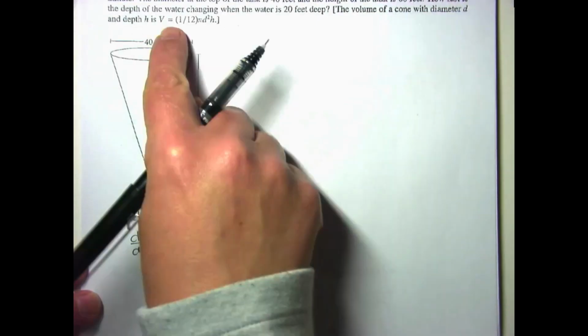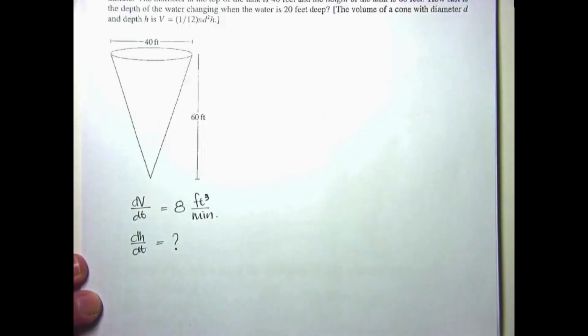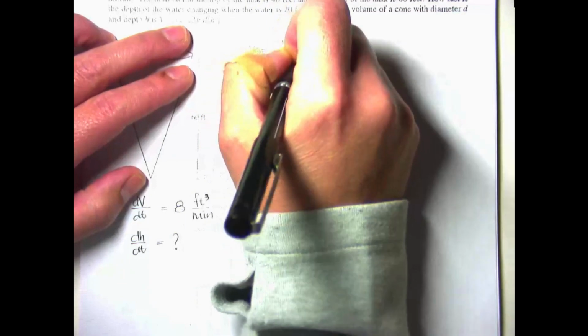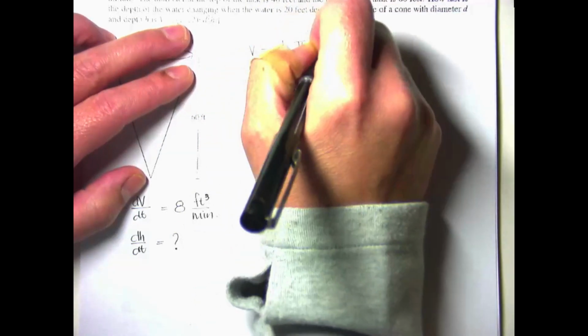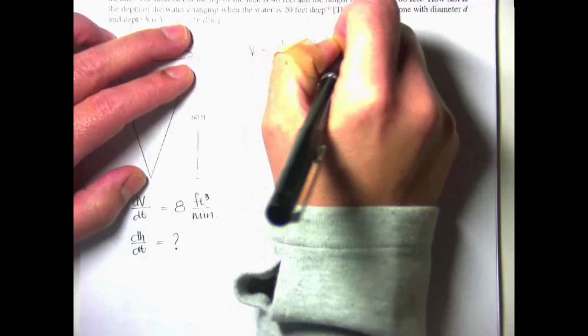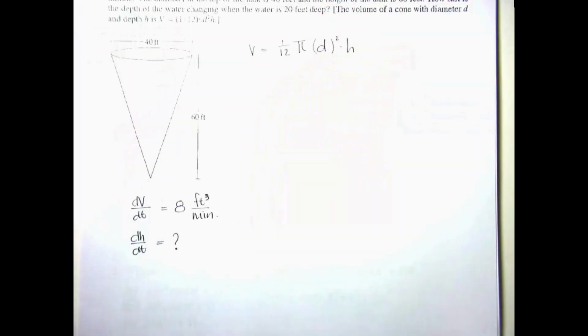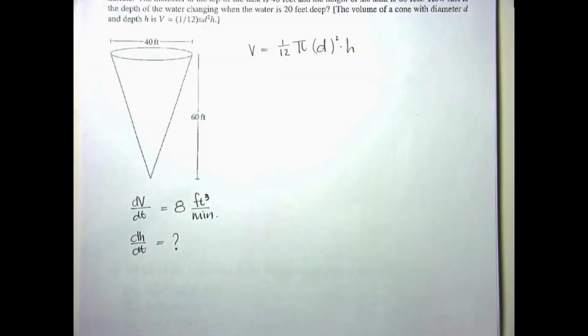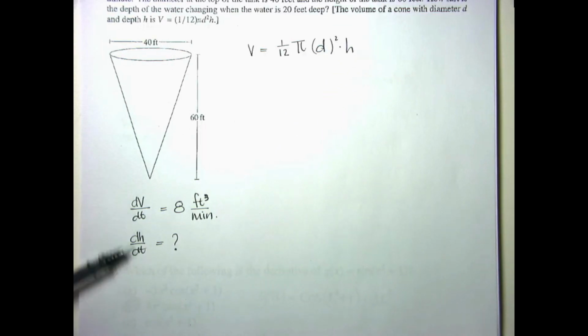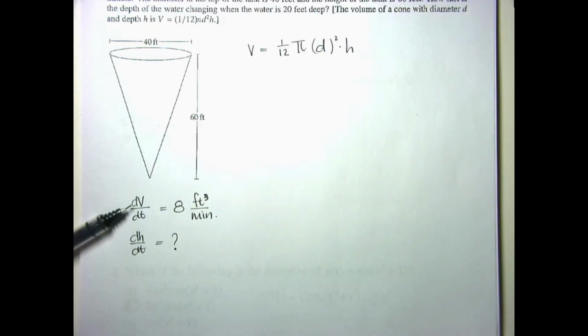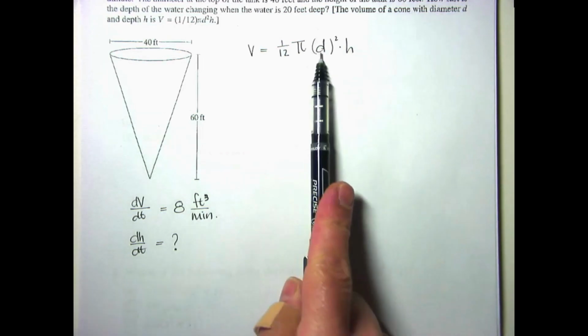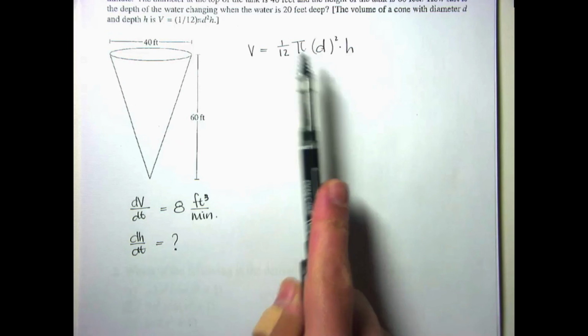However, right now, this equation with respect to multiple variables is kind of tricky. Volume is equal to 1/12 times pi times d squared times h. Since I only have information about the rates of the volume and the height, I'm solving for the height, I have the volume. I'm not being asked about the diameter, nor am I being given any information about the diameter.